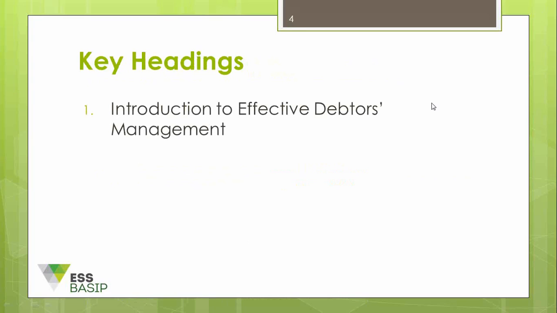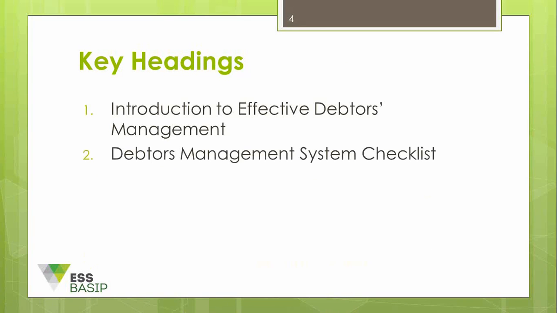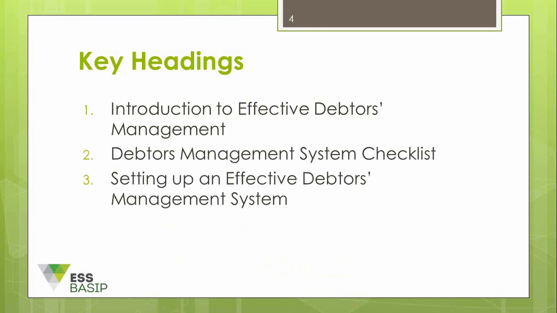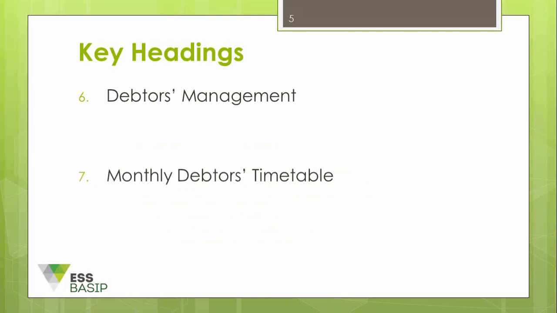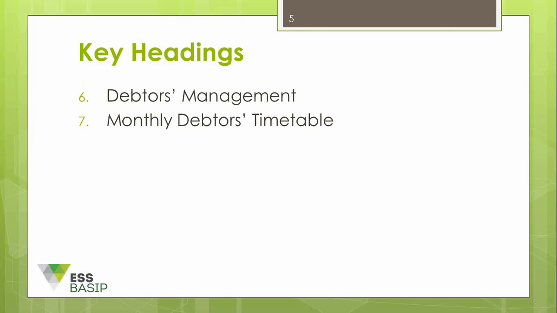The key headings in the template document that we have produced are Introduction to Effective Debtors Management System Checklist, Setting up an Effective Management System for Debtors, Being Diligent on Transactions, Proactive Monitoring of Debtors Management, a monthly debtors timetable to make sure that debtors are being given a very high priority and that the debtors statements, if your client is still sending them out, are sent within 1 or 2 days of the end of a month.